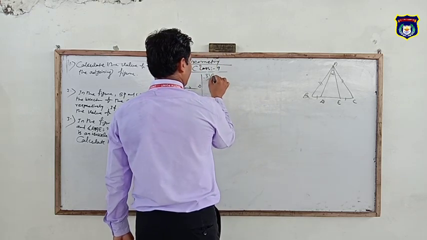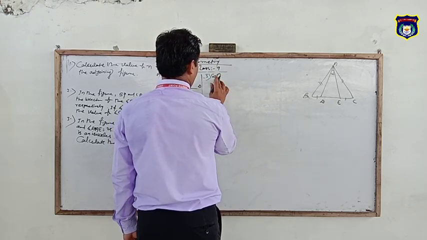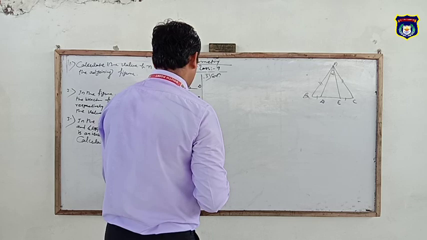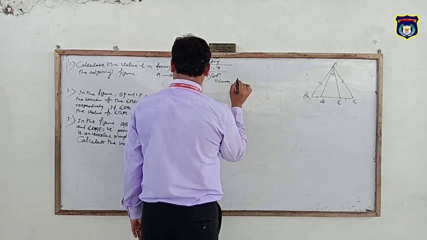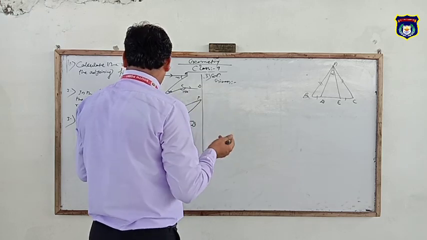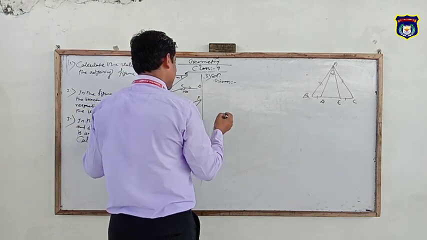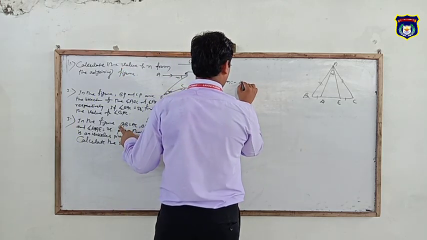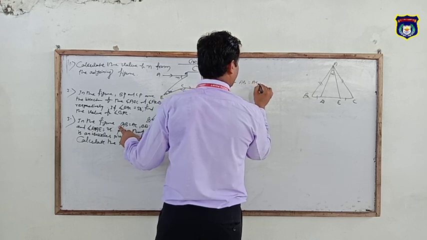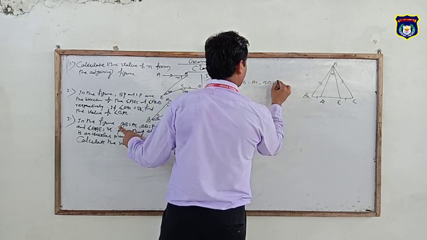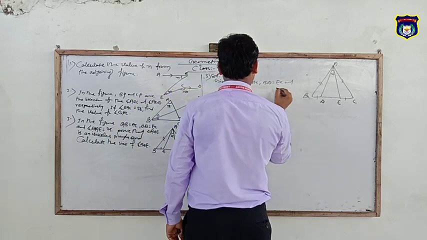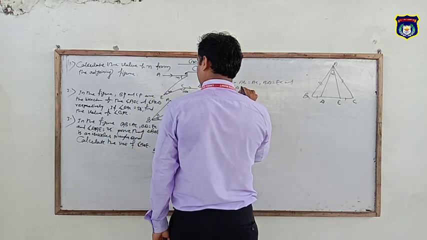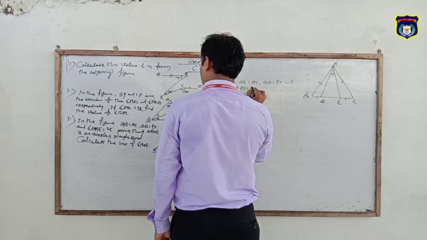Since there is a proof also, you can write the given. In the given figure, AB equal to AC, BD equal to EC, and angle BAE equal to 25.